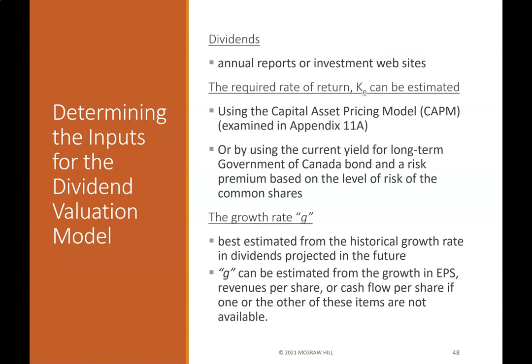The growth rate, G, is best estimated from the historical growth rate and dividends projected in the future. G can be estimated from the growth in earnings per share, revenues per share, or cash flow per share if one or the other of these items is not available.